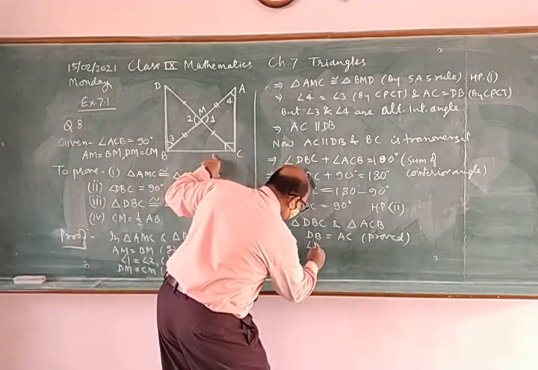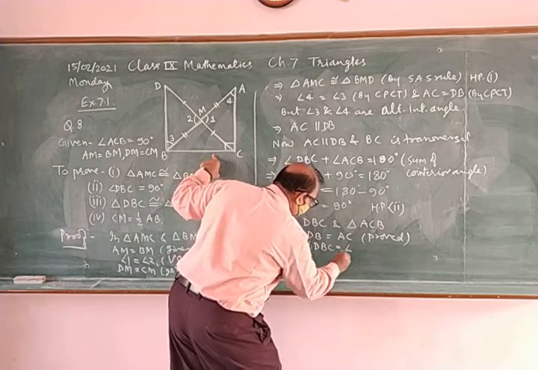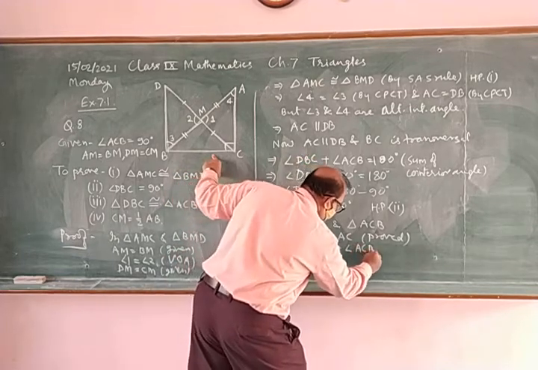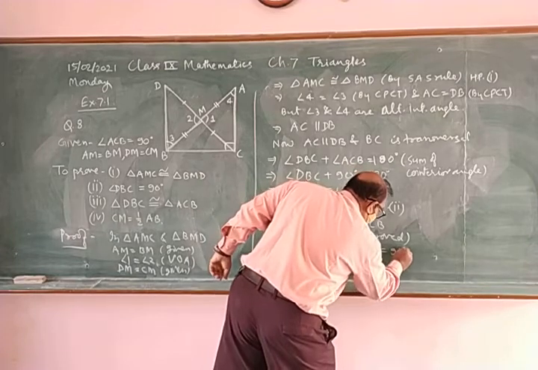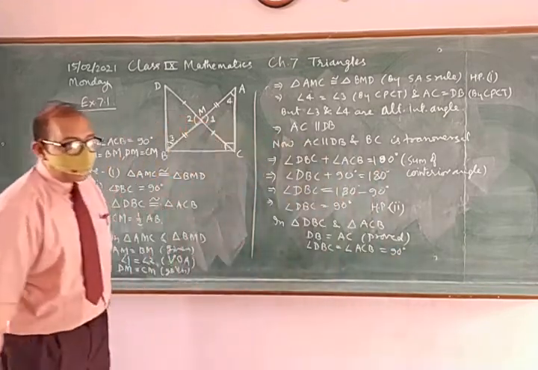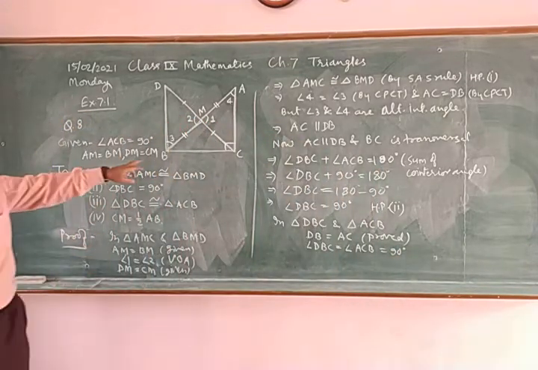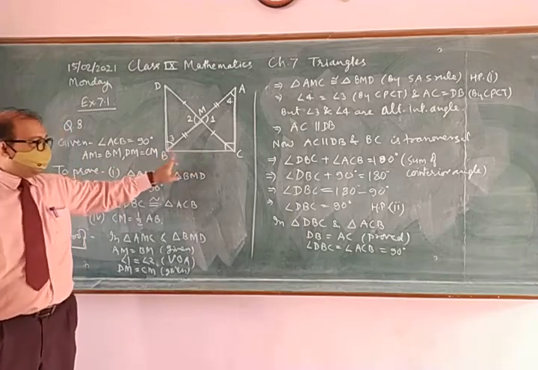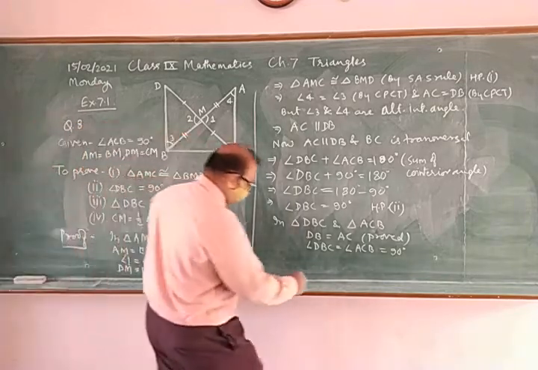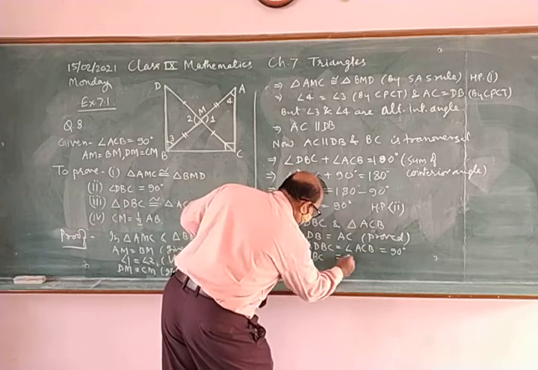Angle DBC is equal to angle ACB, which is equal to 90 degrees. And the third thing, BC is equal to CB.